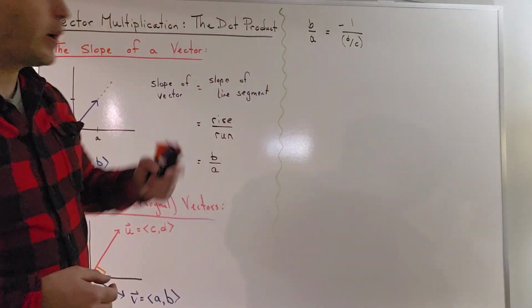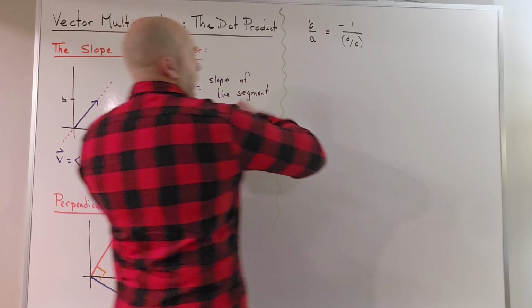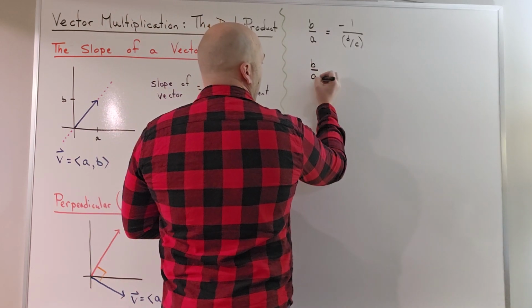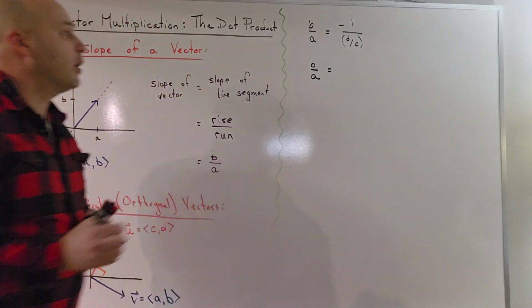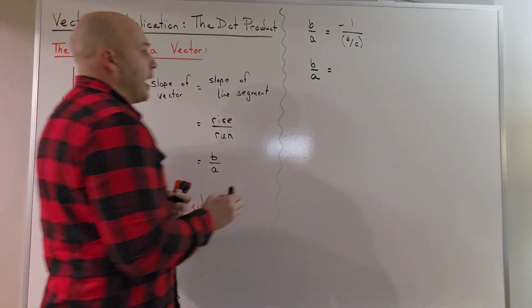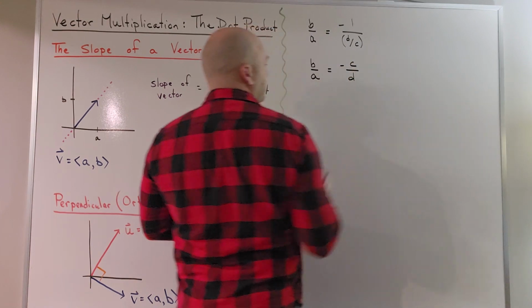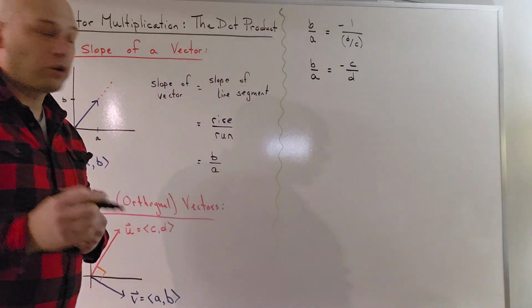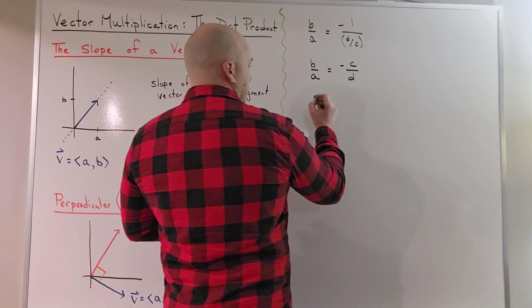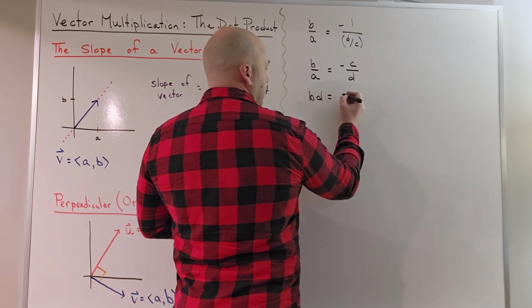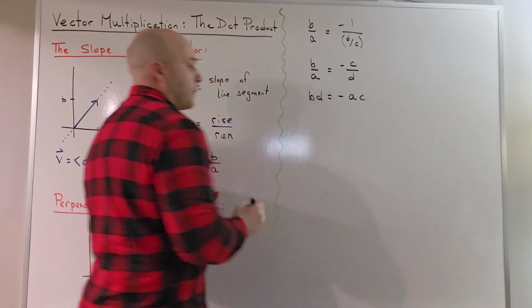Let's rewrite this equation, though. B over A, I'll leave that as B over A for now. The other side, -1 over C over D, I'm going to rewrite that as -C over D. Now let's cross multiply. So I would get BD is equal to -AC.